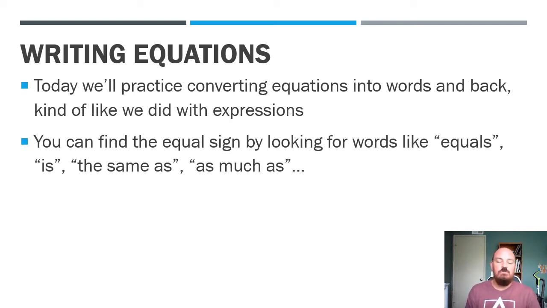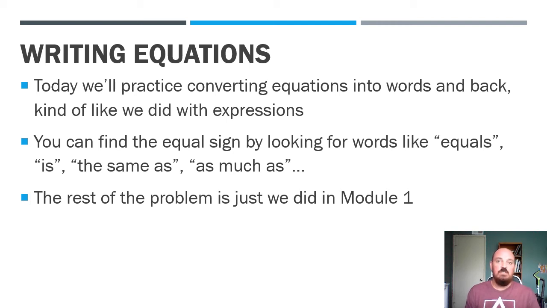Quotient means divide, all those same rules, but we're just adding the equal sign in. So the difference is you're going to be looking for words or phrases that mean equals. It could actually say equals. That would be an easy one. It could say is. If it says 5 times a number is this, is would mean equals. It could say the same as, it could say as much as. There's a lot of different phrases, but you're looking for some word or phrase that means two things are the same.